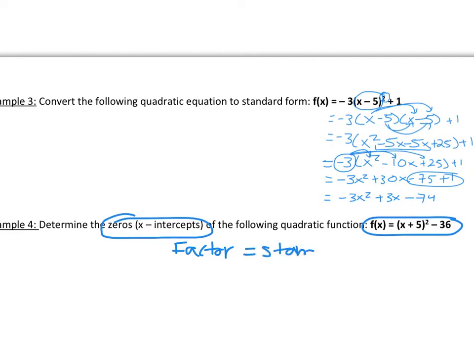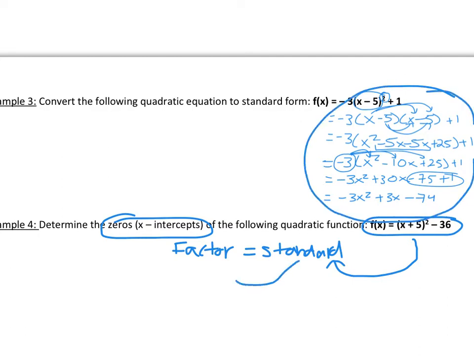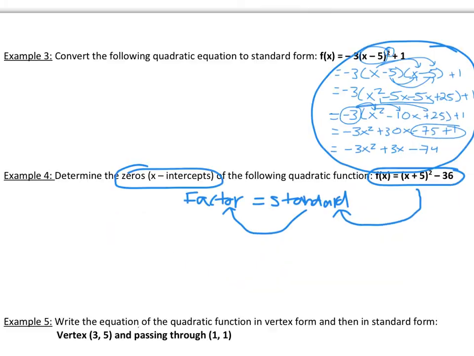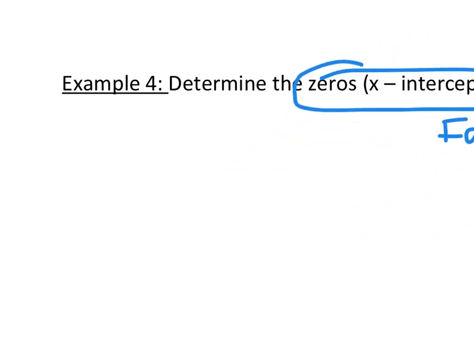So you can go in between standard form to factored form, or standard form we're going to learn to vertex form in this unit. So that means that unfortunately, the first thing I have to do is take this vertex form, turn it into standard form, which is the process that I just did above, and then I can factor it. So let's start off first by expanding and turning this into standard form from vertex form.